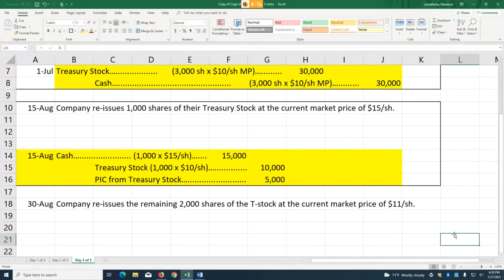So why don't you guys try this entry? It's going to look a lot like the second yellow that's already on the screen. So see if you can figure out what the journal entry should look like. And then I'll throw a curveball at you when that's all done.